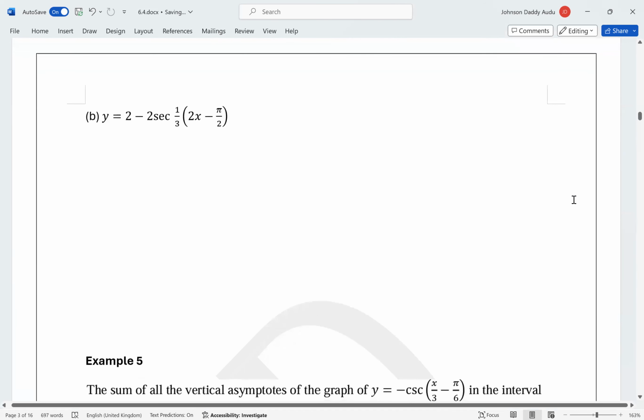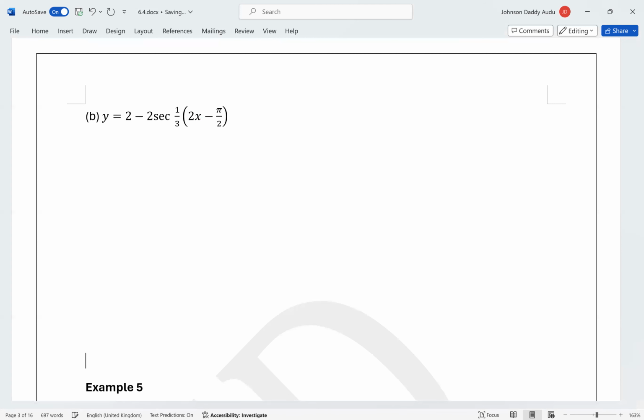All right, so let's go to the next one here. So this one is also similar, but here now we will have to deal with the helper. What will be the helper in this case?